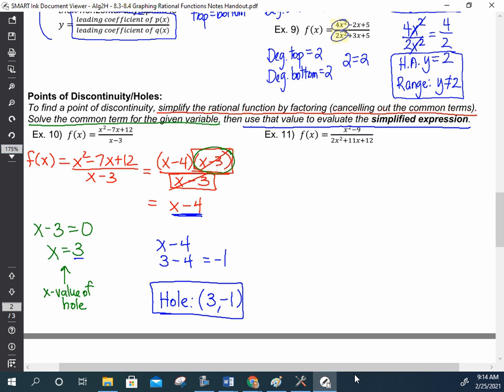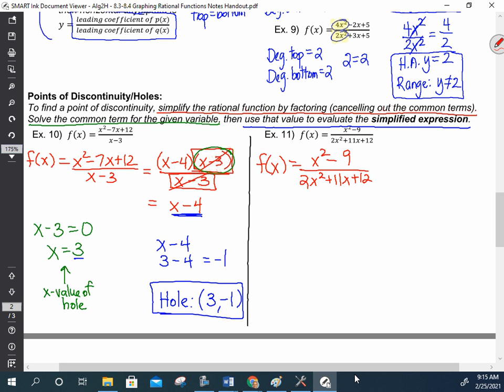We'll move through example 11. Perfect. So, last example follows the same rules. There's your function. So your first step, x squared minus 9 over 2x squared plus 11x plus 12.